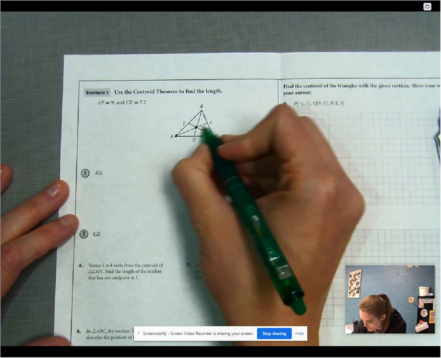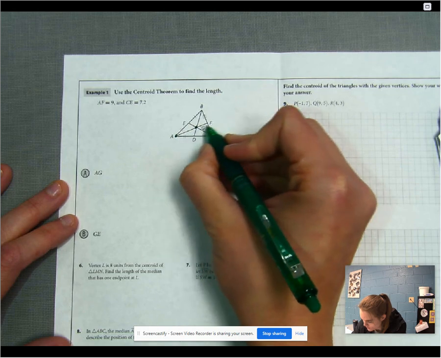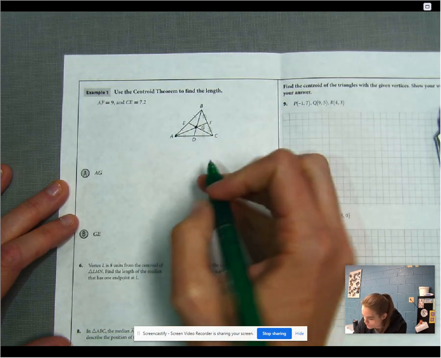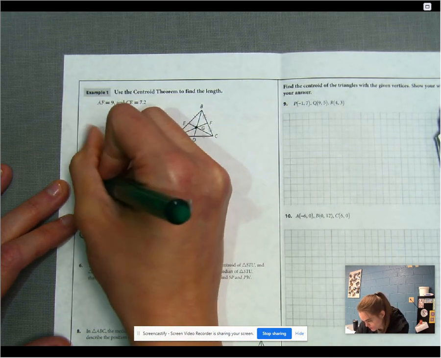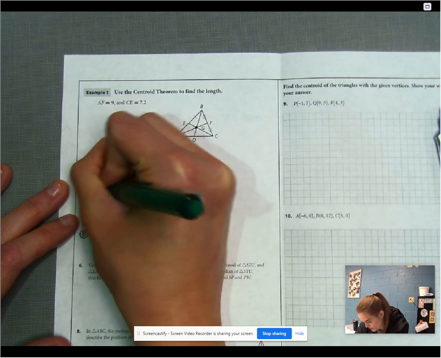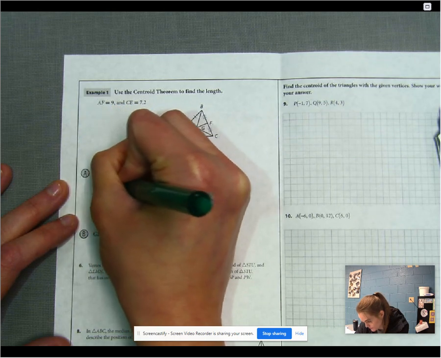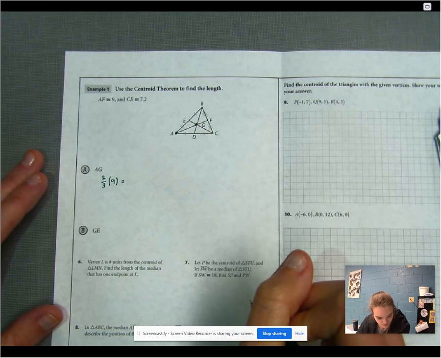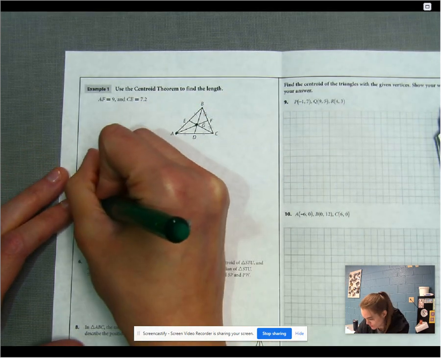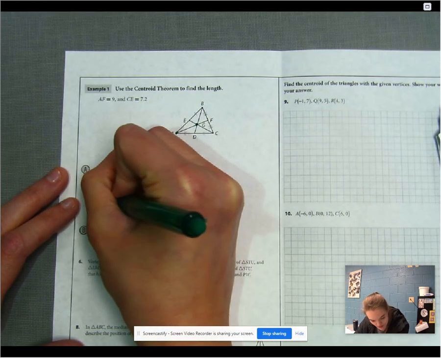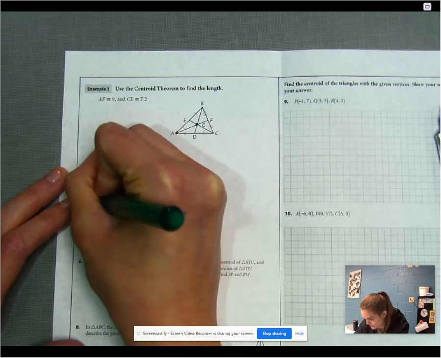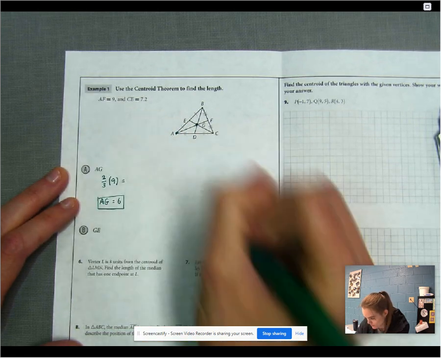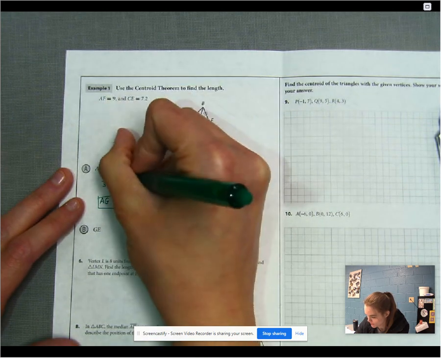AF is 9, and you have a 2/3 piece and a 1/3 piece. So to find AG, that is the 2/3 piece, so we're going to multiply 2/3 by 9. And that means AG is equal to 6, because 2/3 times 9 is 6.